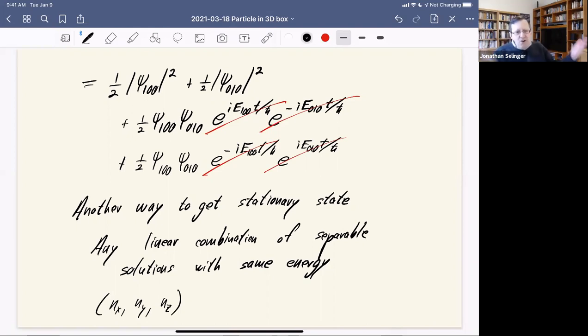One dimension, one integer; 3 dimensions, 3 integers. And if you want to be fancy, you might call these things quantum numbers to describe what kind of quantum state we have for the system. And the energy depends on this set of quantum numbers in the way that we figured out, right? Sum of the squares of those things.